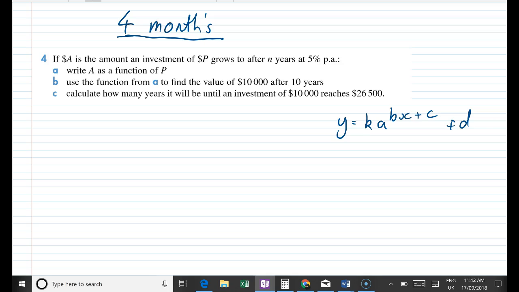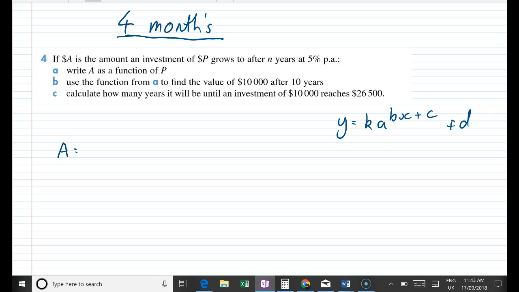So if A is the amount of an investment, P grows after n years. A is the amount of the investment, it goes out the front because A is a function of P. So when P changes, it needs to influence that number in the front, A. That's what write A as a function of P means: A on one side and all the rest on the other side changing with P.